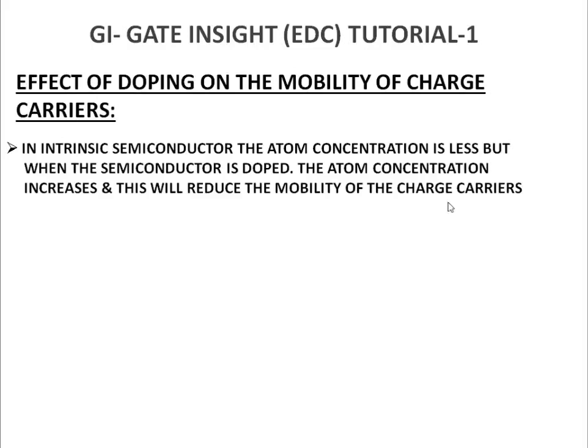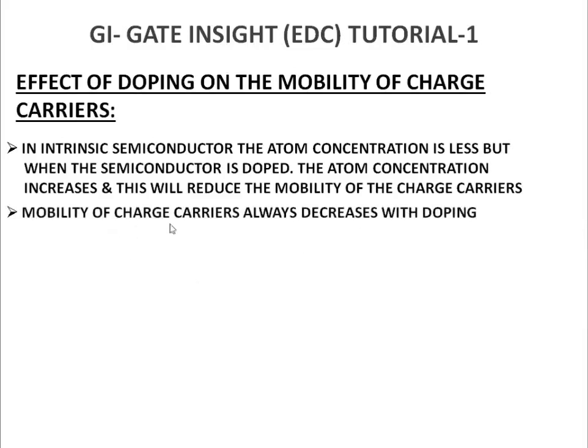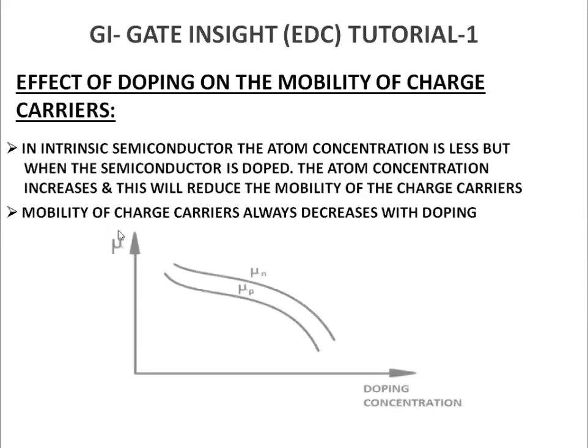We will study more about doping in the further discussion. So the mobility of charge carriers always decreases with doping because the number of atoms is increasing. Because of that, the charge carriers are going to face obstacles, and because of that, there is a reduction in the mobility.